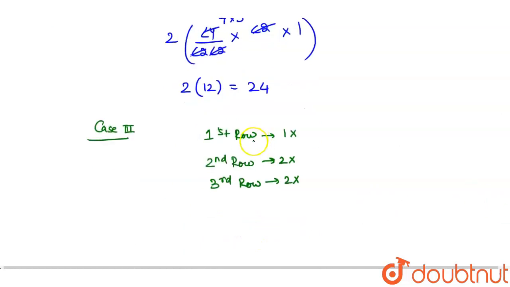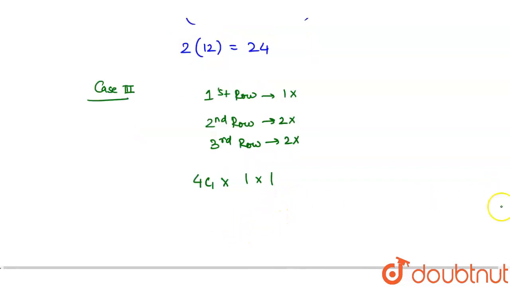So now the number of boxes in the first row is 4. So this would be 4c1, into the second row which is fully occupied, so into 1, and the third row would be 1 as well. So apply the formula: factorial 4 upon factorial 3 into factorial 1. So this becomes 4 only.